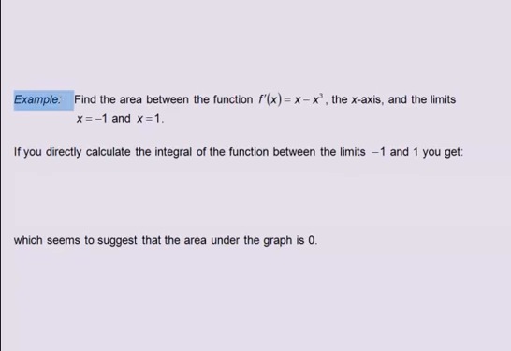Example: find the area between the function f of x equals x minus x cubed, the x-axis, and the limits x equals minus 1 and x equals 1.